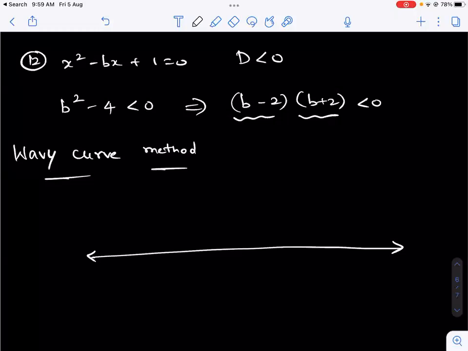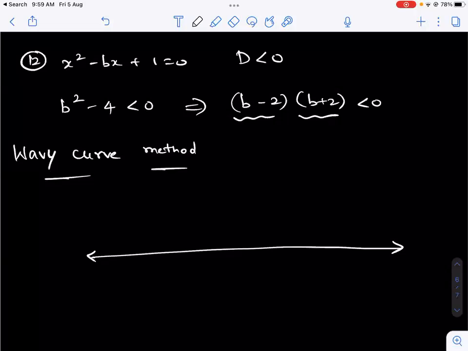Think and tell me. Can both of them be positive? Can both of them be negative? So what should happen? One of them should be positive, one of them should be negative. That's the logic, right?